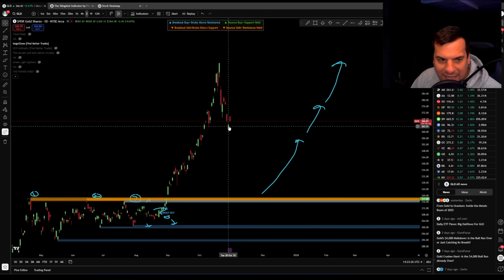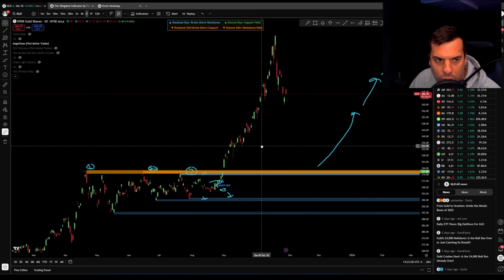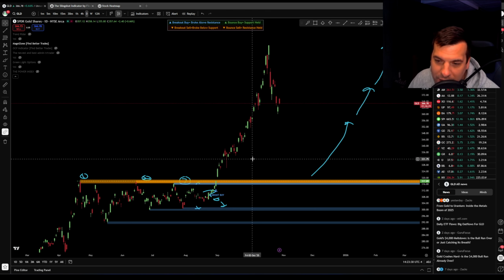But that's a quick little breakdown of how you can trade support and resistance, and how you could trade it with a tool like the Magnazone. I think every trader out there should have something like this. Again, can you draw these levels yourself? Yes. Is it easy to do if you have experience? Yes.